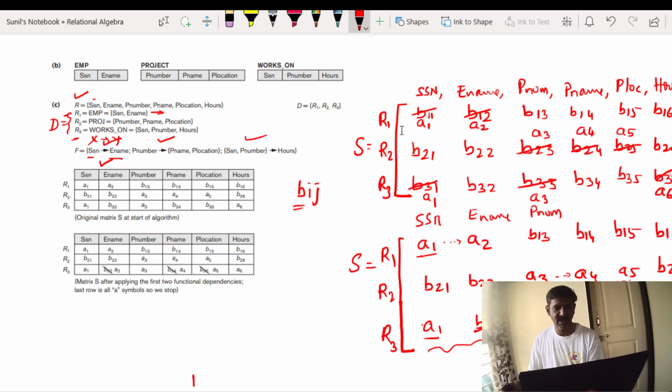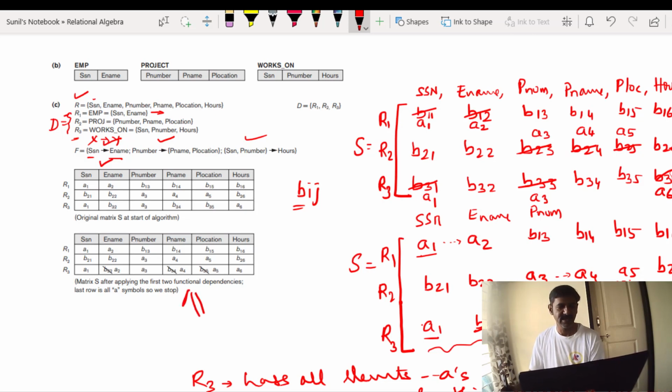So now the R3 row has all elements with A's. So this decomposition is lossless or non-additive. So this given relation is lossless or non-additive.